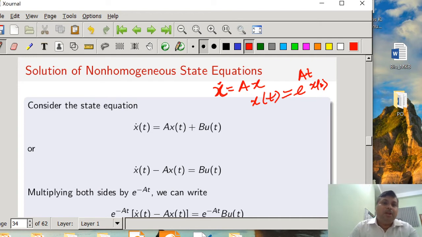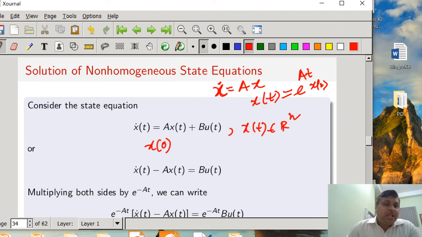Now we have the state equation x dot t equal to a into xt plus b into ut, where xt belongs to Rn, and we also have the initial condition x of 0.